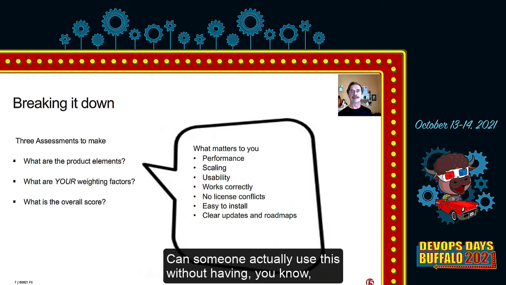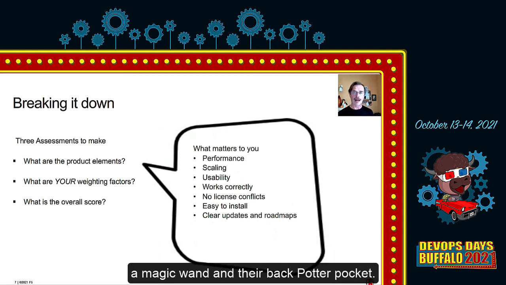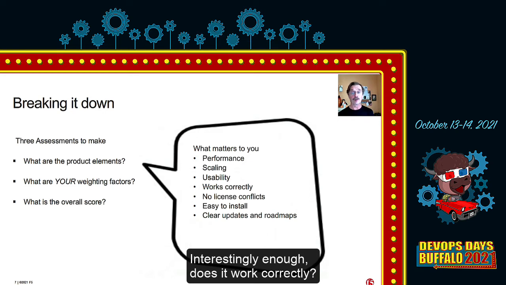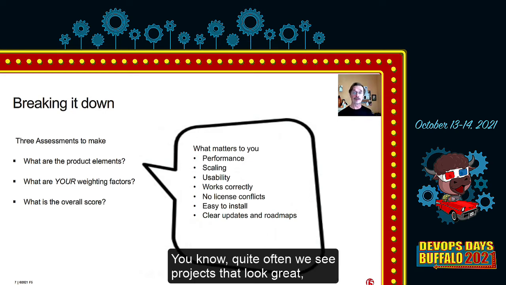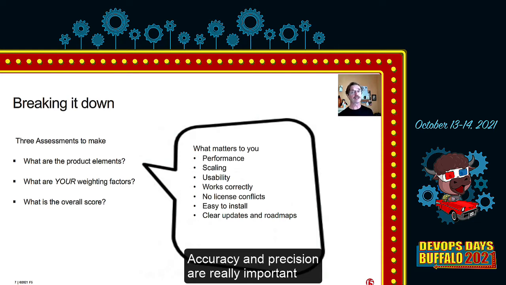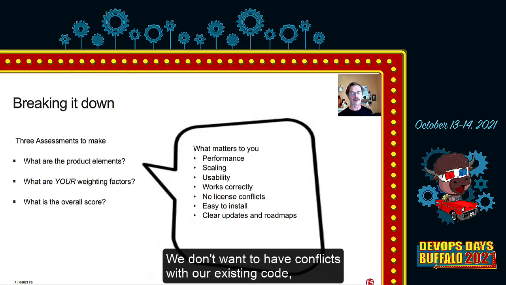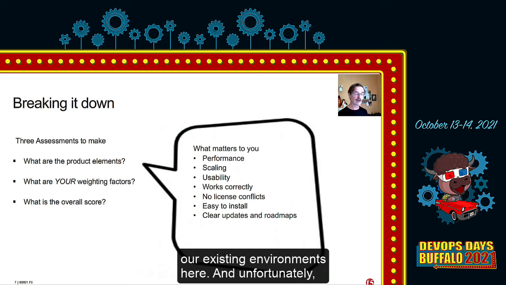Usability. Can someone actually use this without having a magic wand in their back pocket? This is really important here. Interestingly enough, does it work correctly? Quite often we see projects that look great, but don't necessarily give us the results we want. Accuracy and precision are really important when we start looking at that world. Obviously, no license conflicts. We don't want to have conflicts with our existing code, our existing environments here.